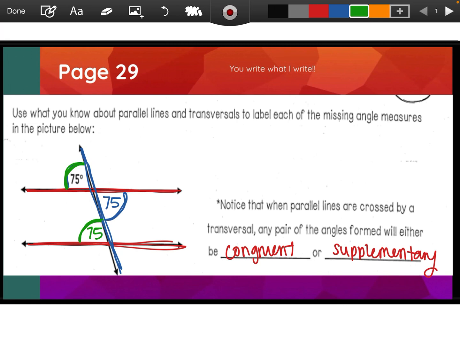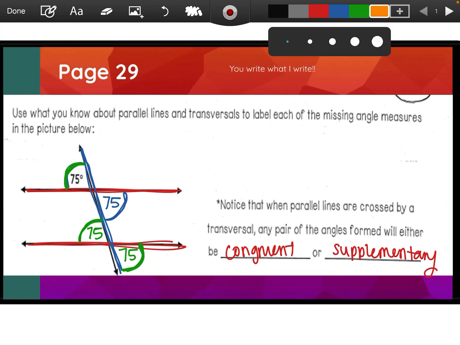So that is also 75. And then that vertical angle, which makes an X from it, is also 75. And so we know that all of those angles are going to be 75 degrees.